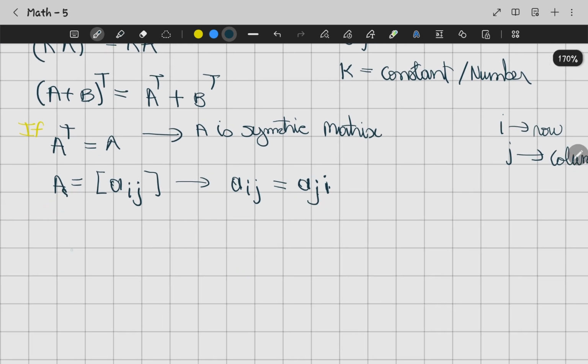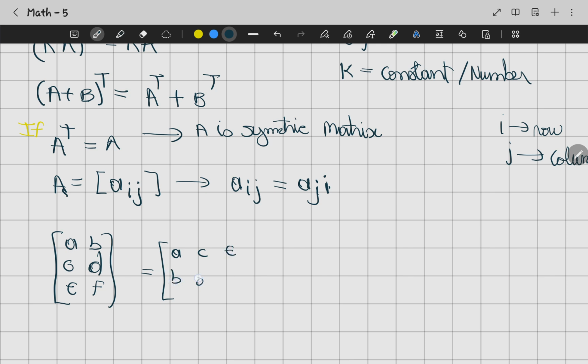For example, if it was A, B, C, D, E, F, it's the same as A, C, E, B, D, F. This is what we're trying to tell you from what you see here.